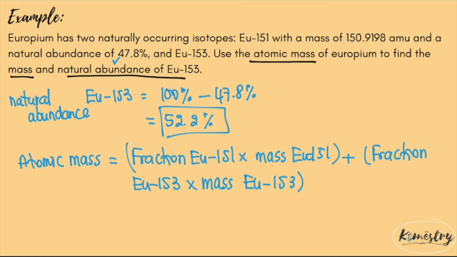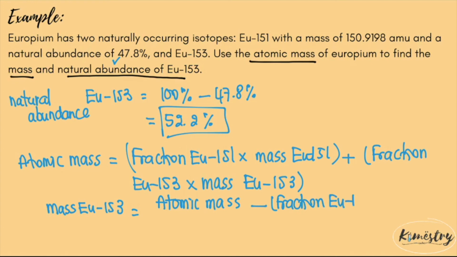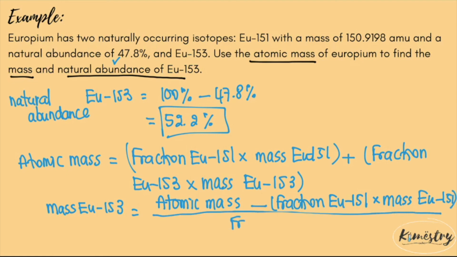So I will just isolate it first. So I would get mass of Eu153 equal to atomic mass minus fraction of Eu151 times mass of Eu151, divided by fraction of Eu153.